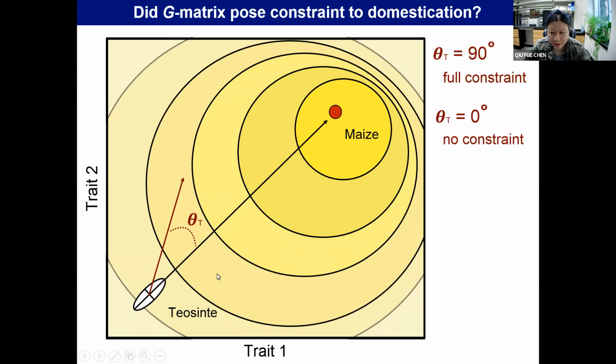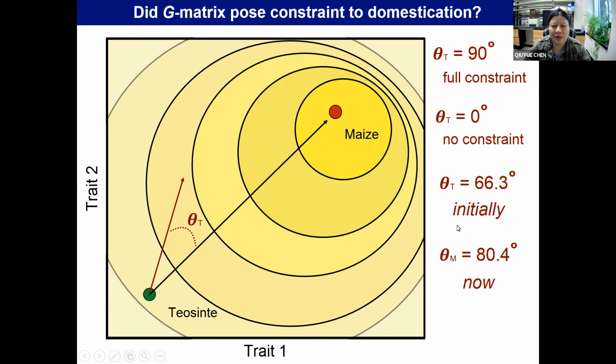If theta t equals 0 degrees, then there is no constraint. By calculating theta t in our population, we found that theta t is equal to 66 degrees at the initial domestication, and after domestication, the angle becomes 80 degrees. So we concluded that the G matrix poses considerable constraints to domestication, and it increases over time.